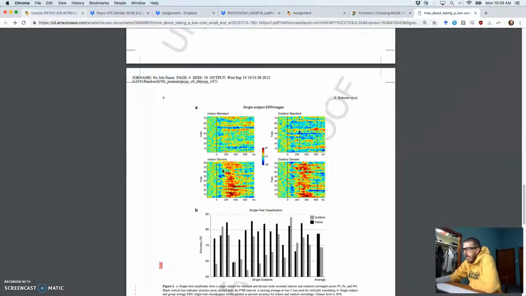You can train the computer to predict each of these trials, whether it's from this set or this set. And here they are, individual people, showing that classification can do quite well, above 70 or 50%, both when people are inside and outside.